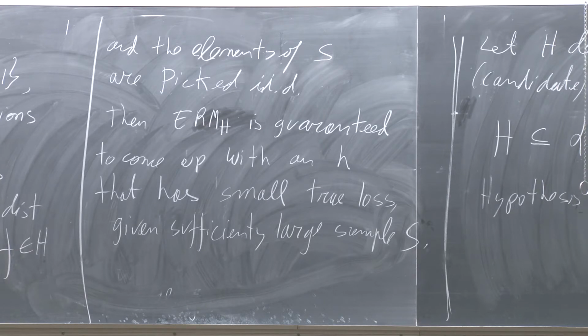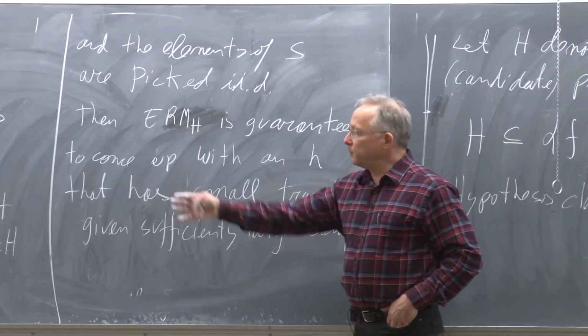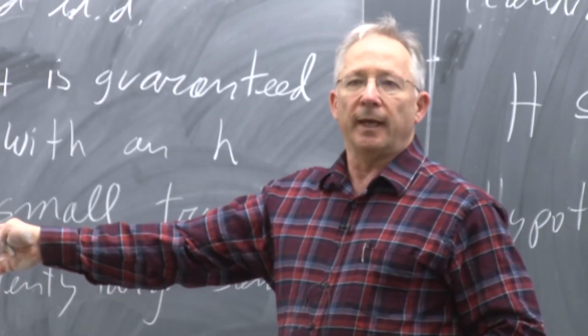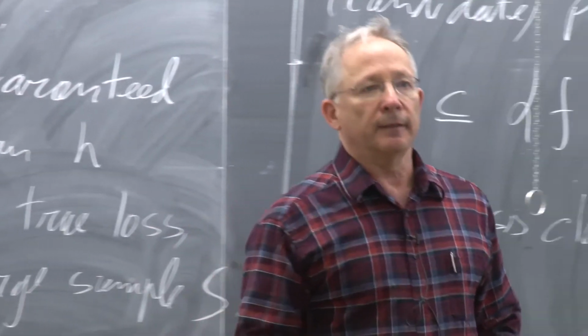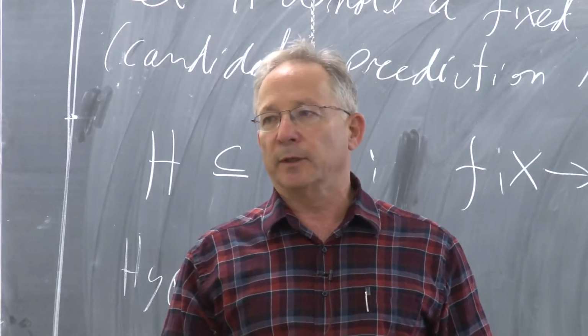But what I care about here is the message of this theorem. The message says that assume that the data is generated by some function in your H. Then you do your strategy ERMH. You have a guarantee that if you see enough samples, you will get a successful learning rule.